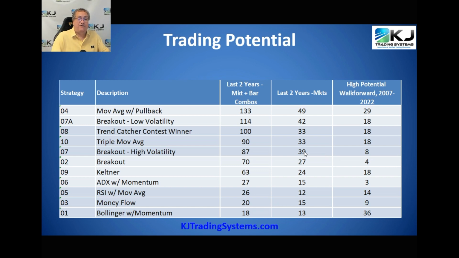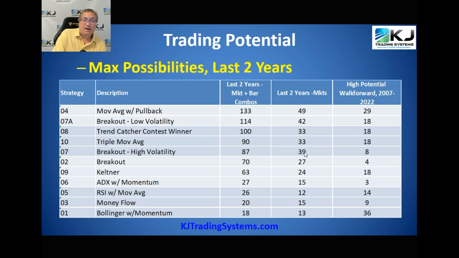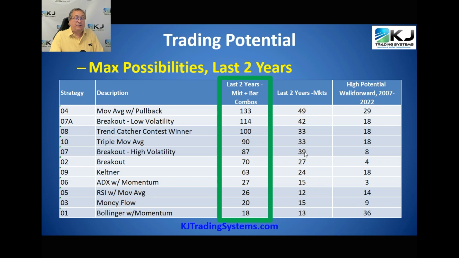Now, there's actually 11 strategies here because one of them I tested with low volatility and high volatility. That was strategy number 7. Over the last 2 years, if I sort by the ones that have the most potential, it's the moving average with a pullback.